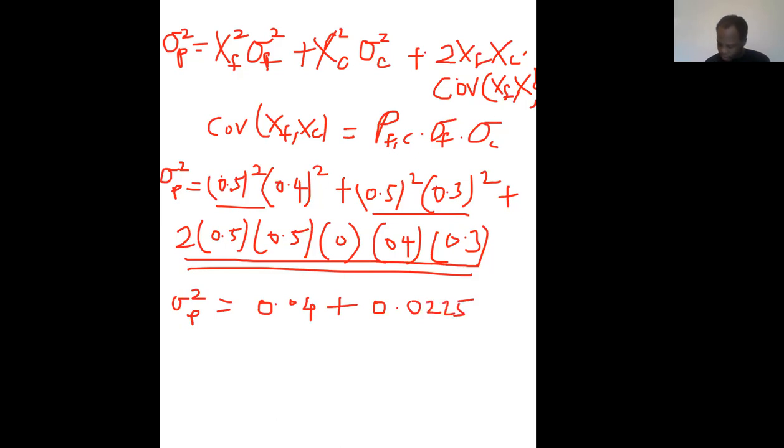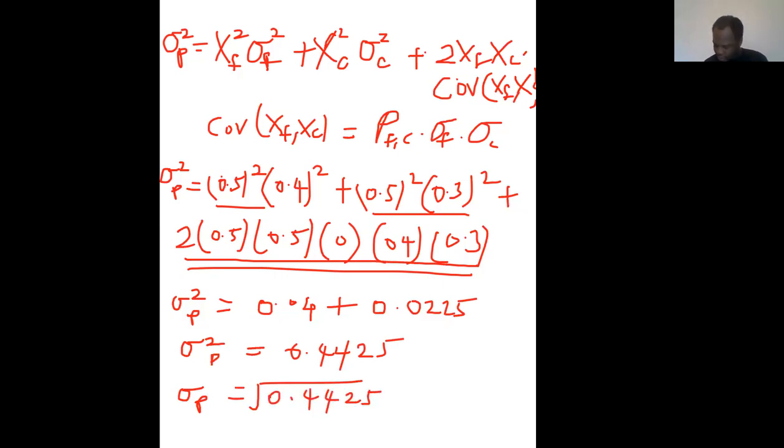When I add the two up, I have the variance of the portfolio as 0.4425, and then the volatility of the portfolio is equal to the square root of 0.4425. When I find the square root, I get 65%. I hope it's okay.